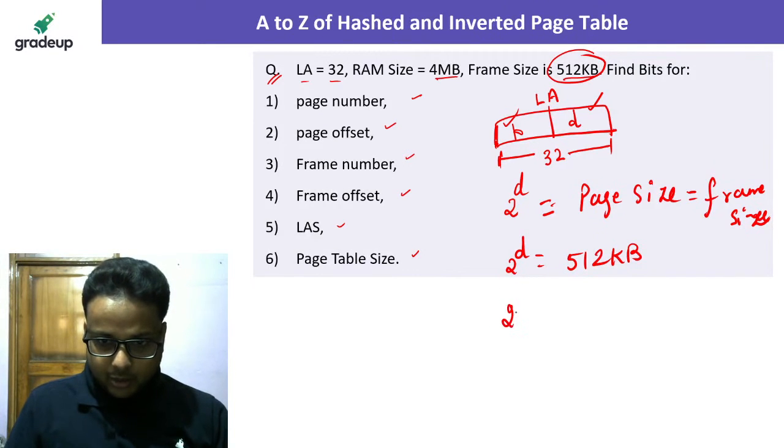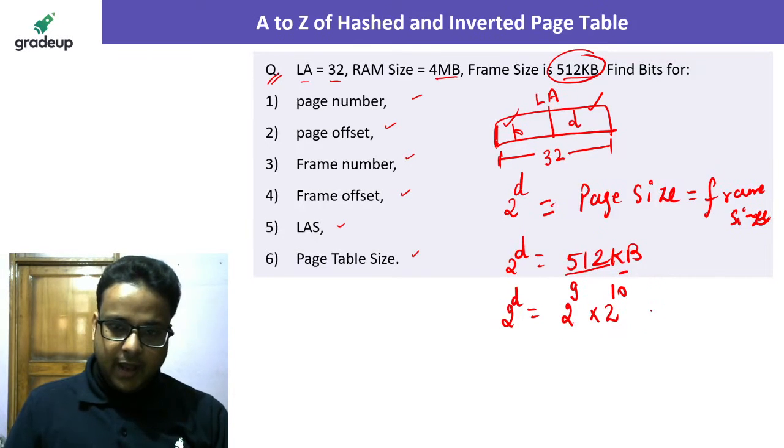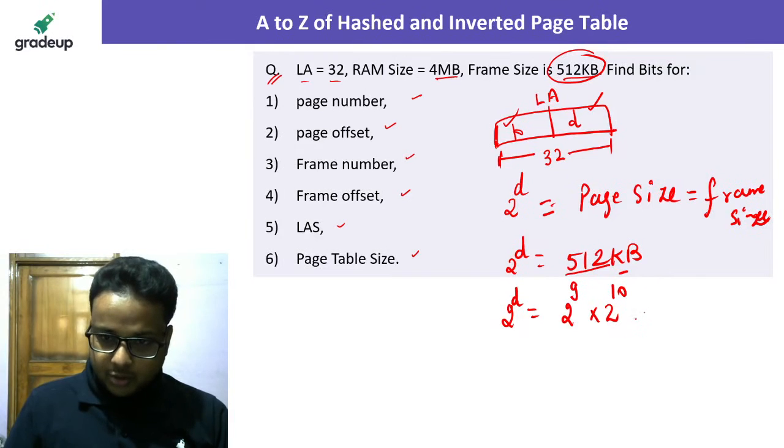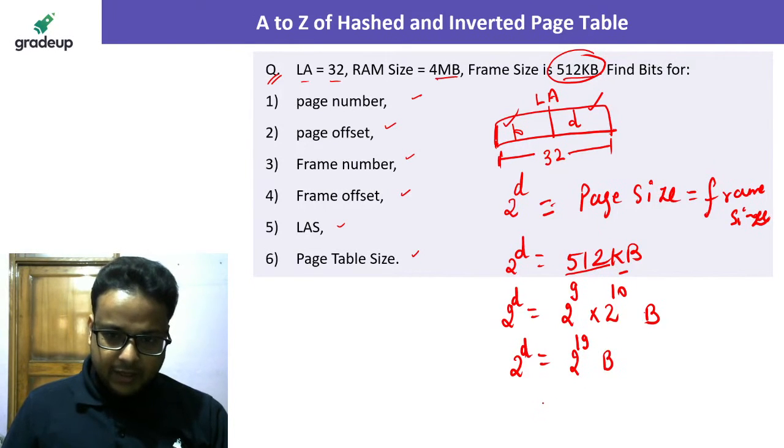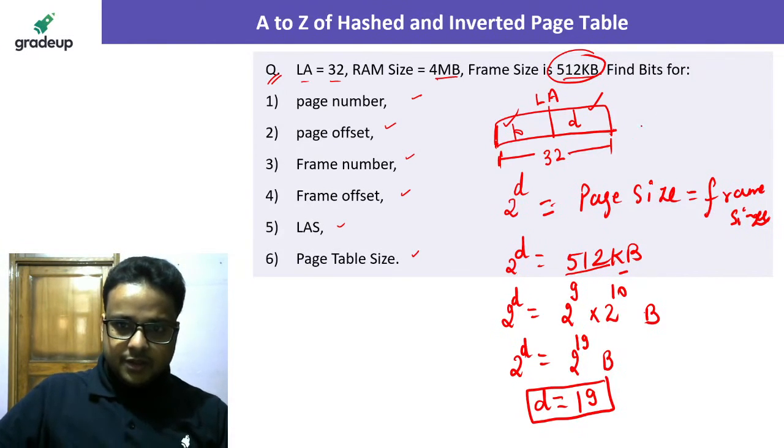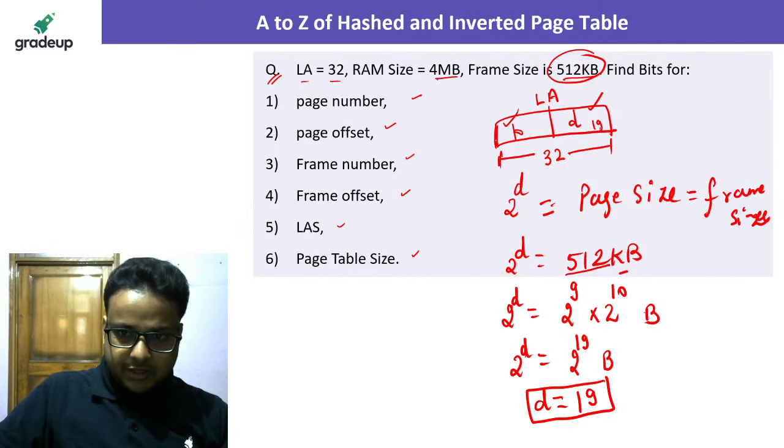You can write 2 raised to power D is equal to 512, which is 2 raised to power 9, and K means 2 raised to power 10, and it is in bytes. So 2 raised to power D is equal to 2 raised to power 19 bytes. So finally D is equal to 19.